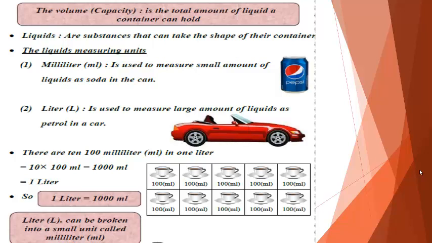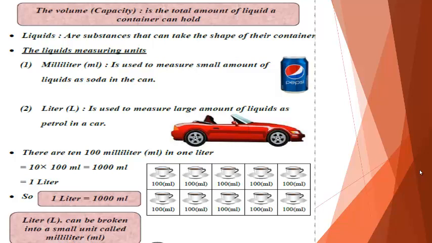So it takes the container's shape. If you put some water in a cup, for example, this water will take the shape of this cup. If you take this water and put it in a bottle, it will take the shape of the bottle. So the liquid takes the shape of its container.